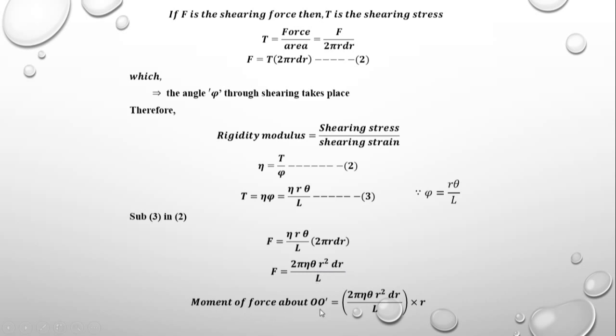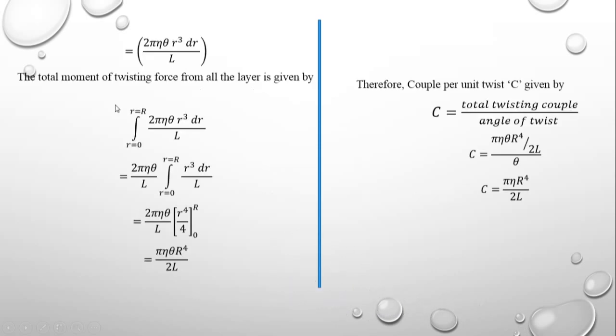Then the moment of force about the axis OO dash is equal to force into perpendicular distance. This is the shearing force into the perpendicular distance, small r. So force into perpendicular distance, the moment of force about the axis, is equal to 2 pi eta theta r cube dr divided by L. So this will be the moment which is going to act on the layer.